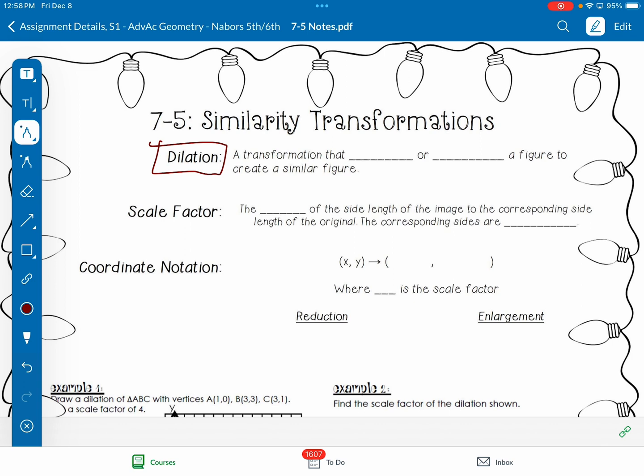And a dilation is a transformation that doesn't change the shape. It's not going to rotate it or reflect it or move it. All it's going to do is either enlarge or reduce a figure to create a similar figure.